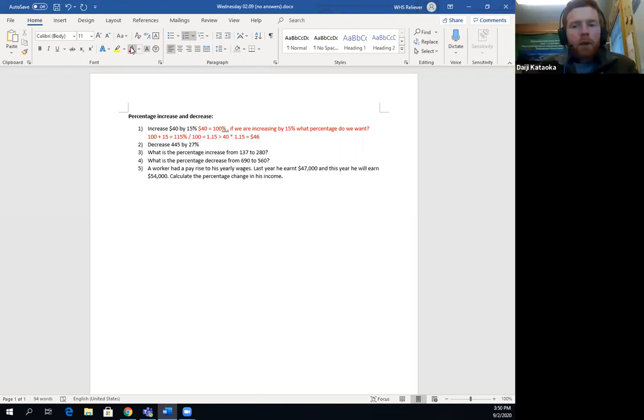So we're decreasing by 27%. So remember, the original amount is 100%. We always start by realizing that our original amount is 100%, which is 445. We want to decrease this by 27%. What do we do?